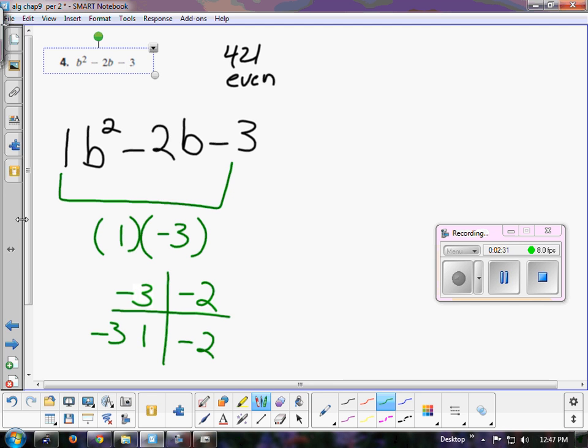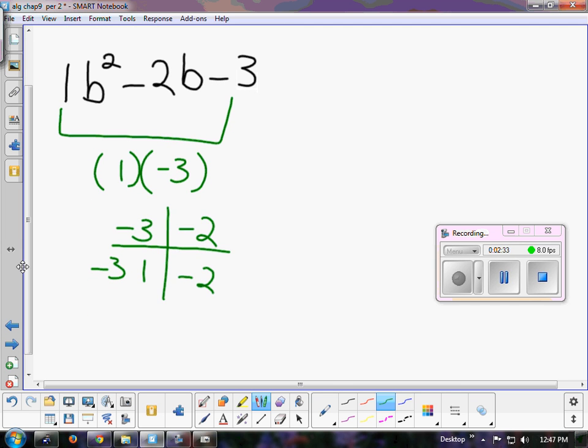Okay, so now, like last night's homework, you're going to use those two numbers. So now this is how we use the numbers. Please watch. We rewrite the original question, 1b squared. Now instead of the middle number, which is -2b, we're going to put in -3b and 1b. So -3b plus 1b minus 3.